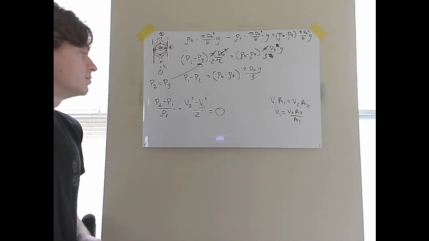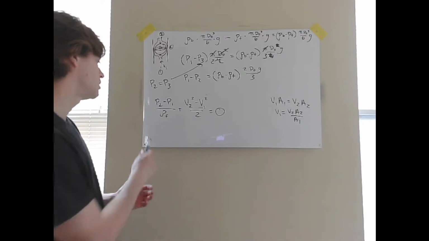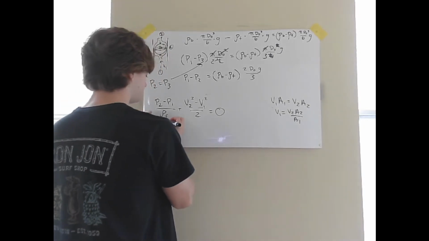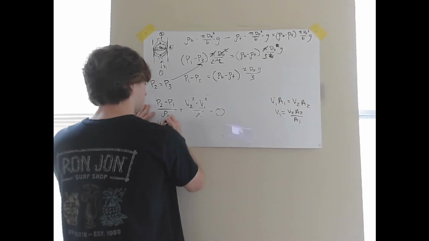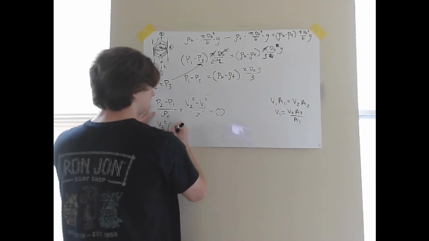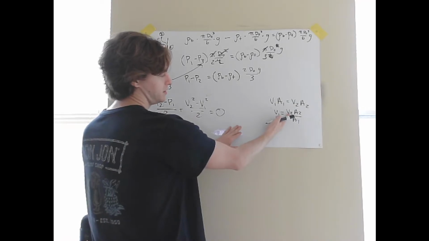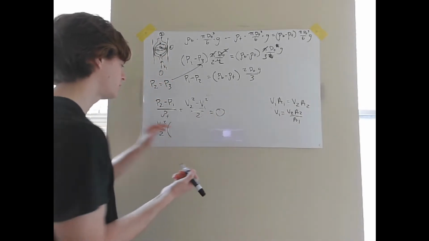So now we can plug this in here and continue to massage our equation. I'm going to move this term to the other side first. On our left side, we're going to have V2 squared over 2 times, because once we plug in for V1, we're going to have a V2 squared in this term, and then 2 in the denominator so we can pull it out.